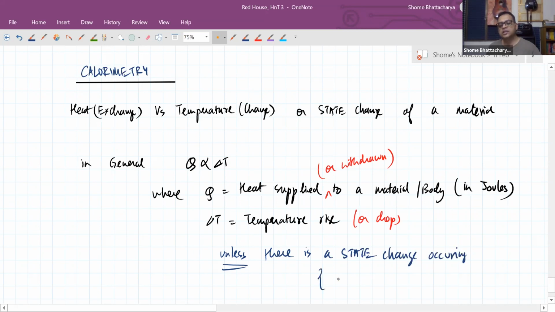Okay, so state change is like solid changes to liquid or liquid changes back to solid, or a state change between liquid and gas or vapor phase. Okay.